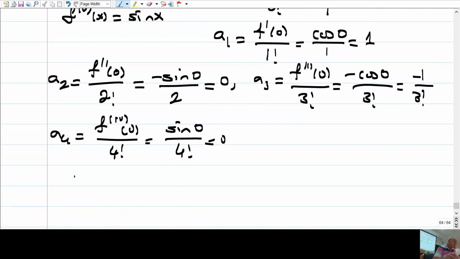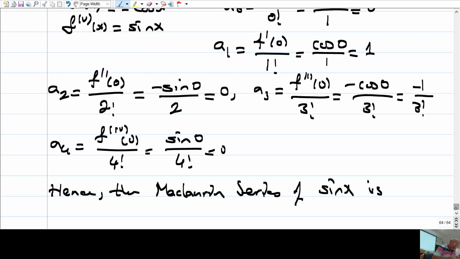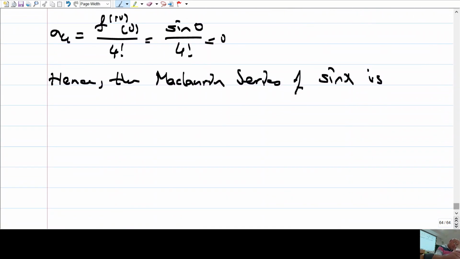So the Taylor series or Maclaurin series of sine x is the sum of a_n times x minus c to the power n, from 0 to infinity, but c is just 0.